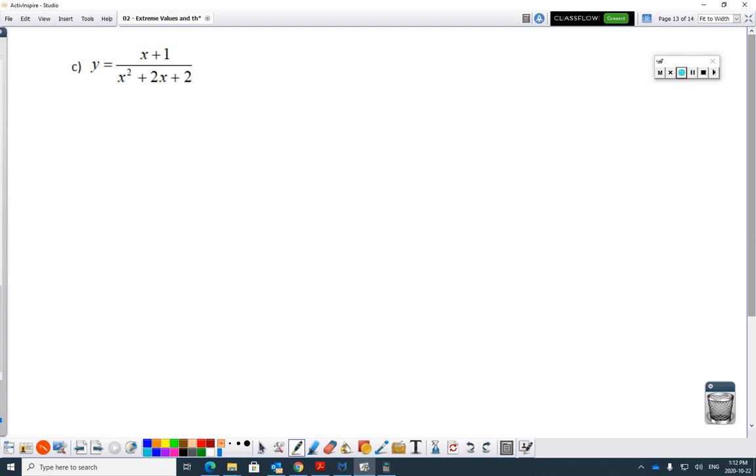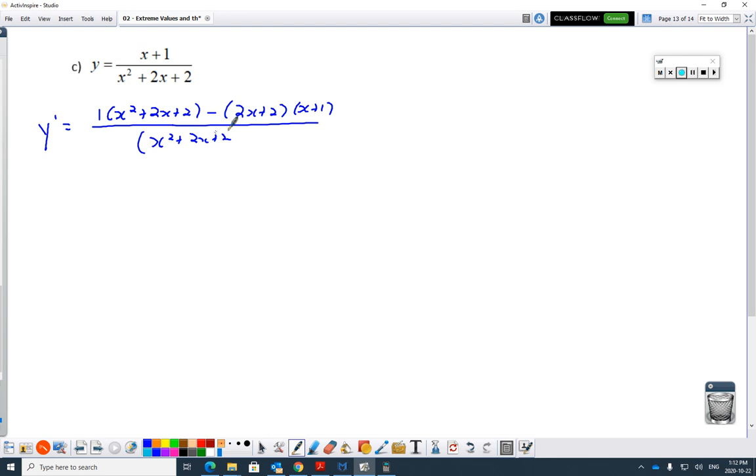We're finding extreme values of rational functions. First step, derivative. And hopefully this derivative doesn't scare you after everything you've been doing. Derivative of the top times the bottom, minus derivative of the bottom times top, all over the bottom squared.